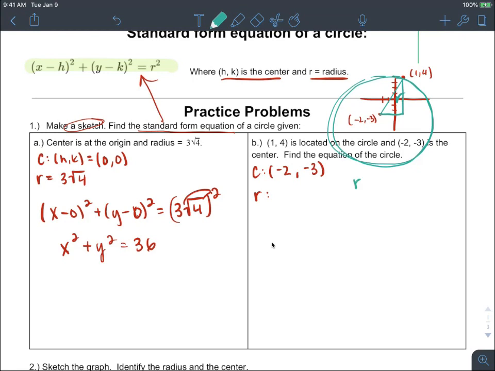I can have r squared is equal to the change in x squared plus the change in y squared. So r squared is equal to the change in x, which would be negative 2 minus 1, so x1 minus x2 squared, plus y1 minus y2, so negative 3 minus 4, squared.